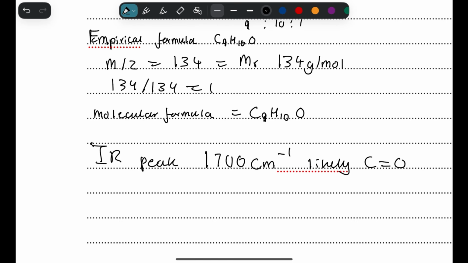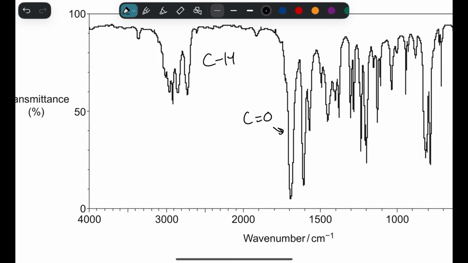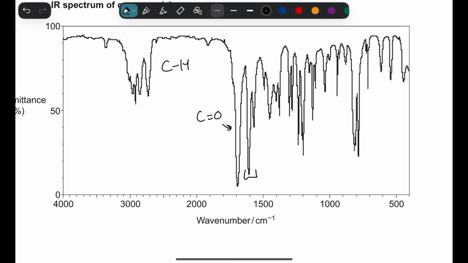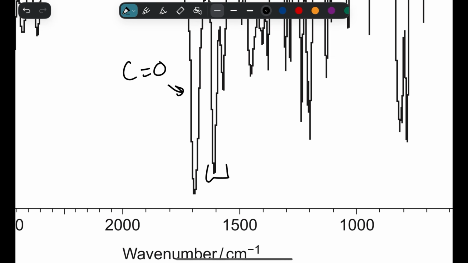Now, that's really useful information, because now what I can say is I think definitely we've got an aldehyde or a ketone, and that would help us out massively. And then also, I'm just going to quickly double check the IR again. To be honest, I saw this peak as well, so that peak is probably something we need to consider. Because we're looking at around 1,600, I think that's probably going to be an alkene group.